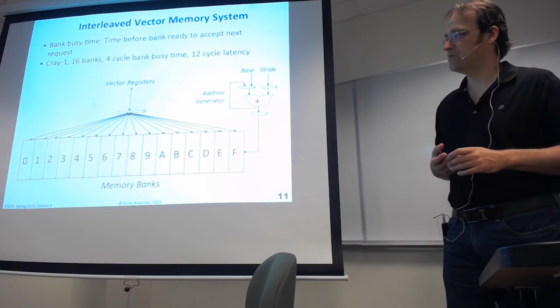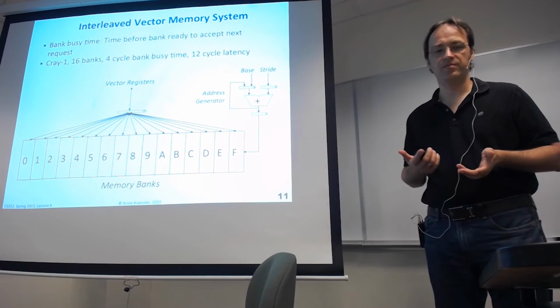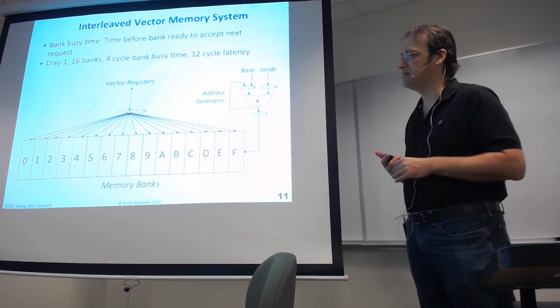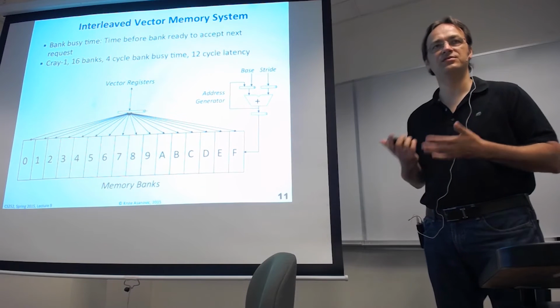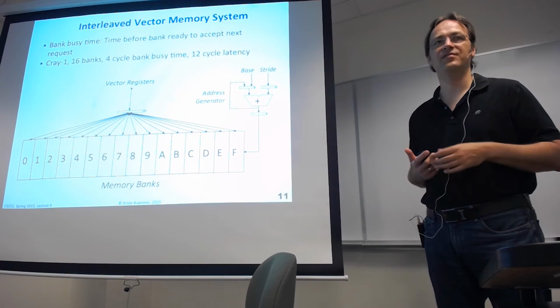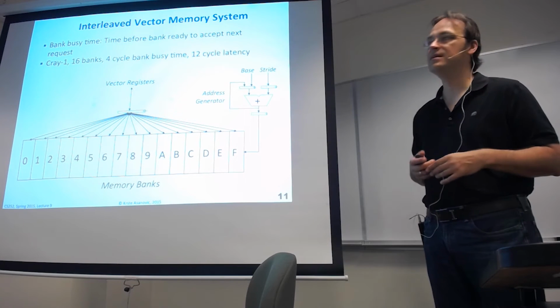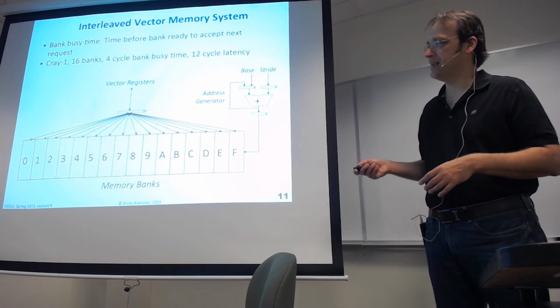Because you give the memory system a lot of knowledge about what's going on, you can build very highly pipelined memory systems as well. Again, you also have the advantage of knowing there are no hazards between those individual operations going to the vector memory system, because by using the vector instruction you said they're independent. So it's very common for the vector supers to have very highly interleaved memory systems.